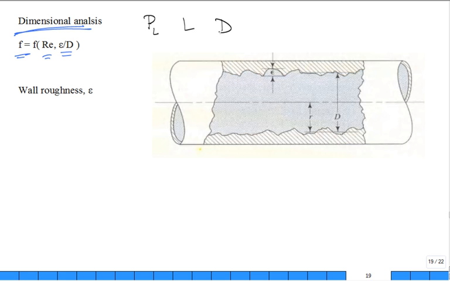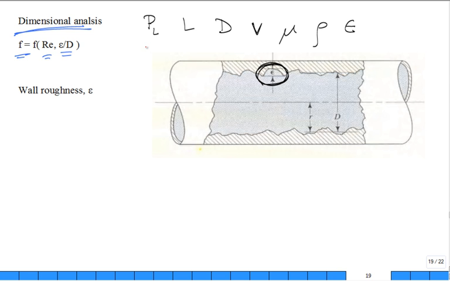What's the diameter of the pipe? What's the average velocity of the flow down the length of the pipe? What's the viscosity? What's the density? And the pipe could have some wall roughness. And so we set up these parameters like this. Let's go ahead and do it.